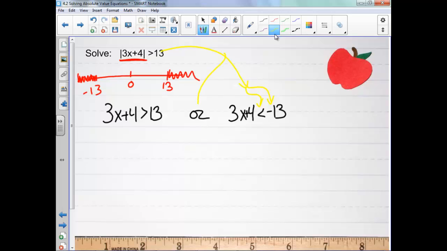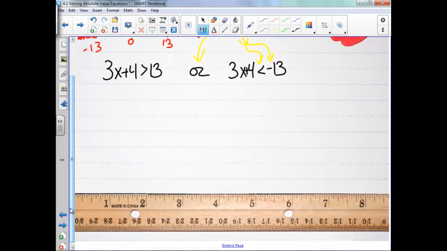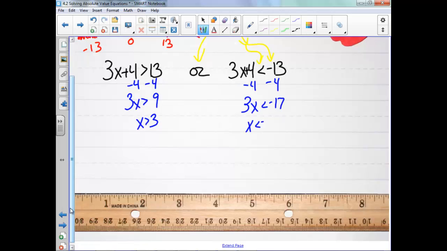Notice though this time also we use the word or, and we'll get to a short summary on the next slide. But now we'll solve these just like we have been. And then once again, remember we've got to get our line graph.